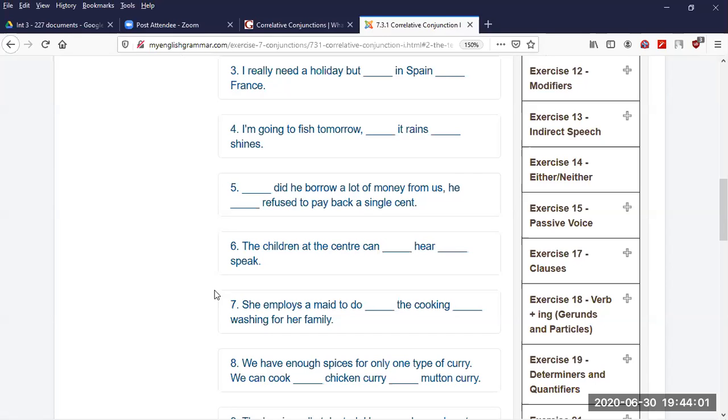So we're looking at two options. Go to Spain, go to France. So you have a choice: Spain or France.